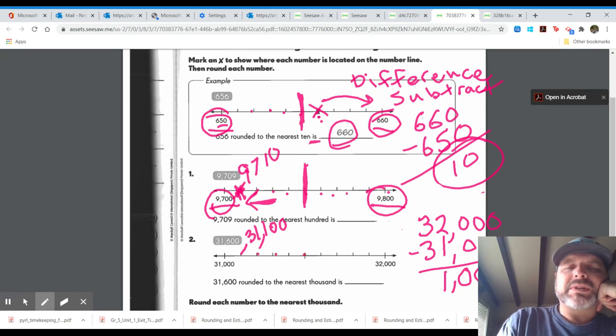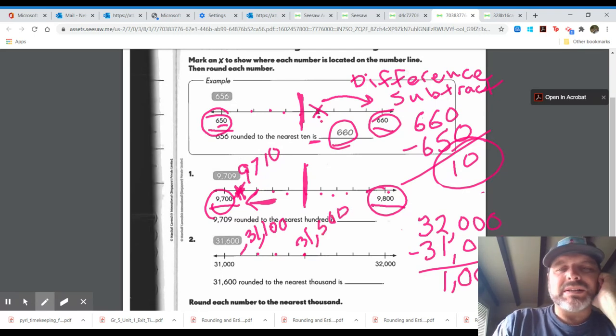And this, I'm going to mark the middle one. The middle one is 31,500. Okay. And then this is 31,600. So this is where I got to put my X, because I'm counting up by hundreds. That's 31,600 right there.